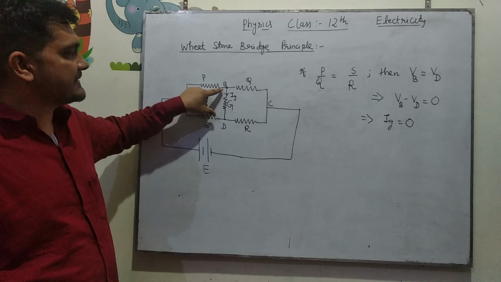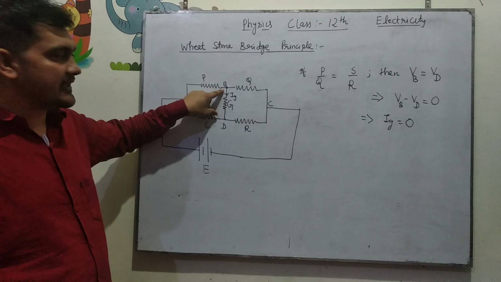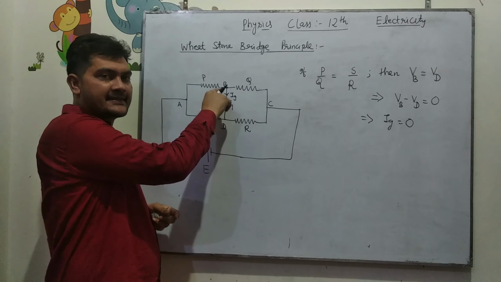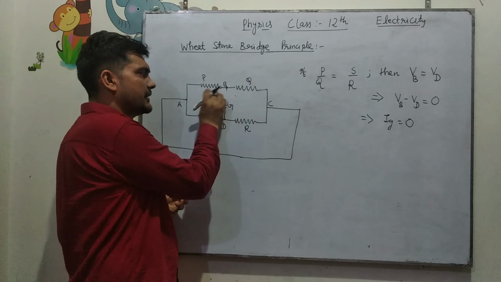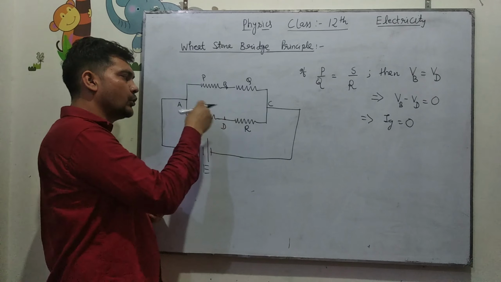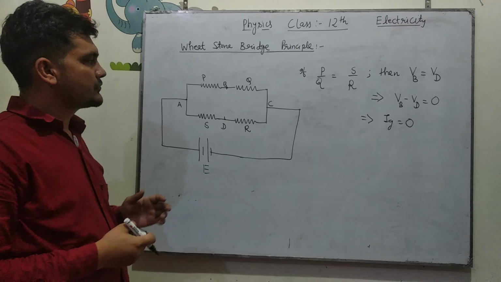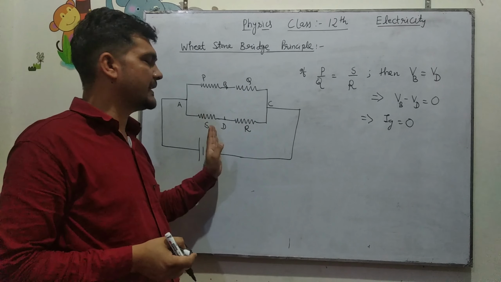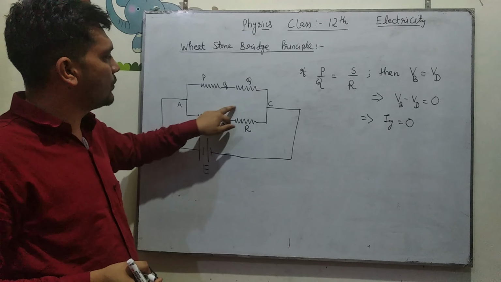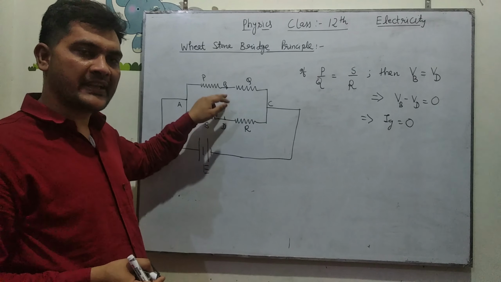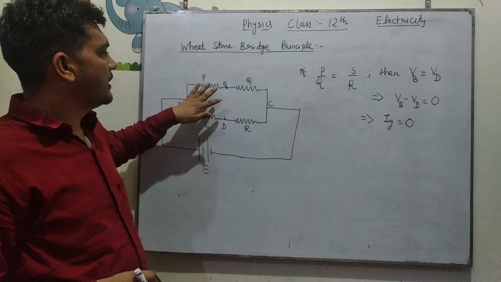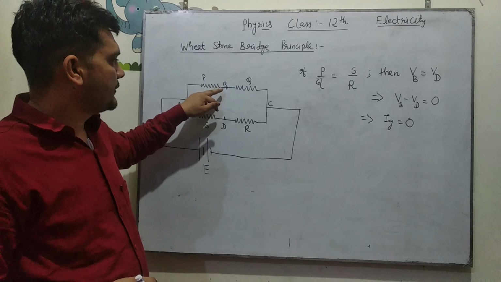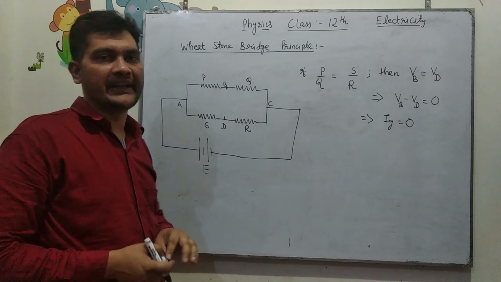So even if there is this resistance, and if the resistance is not present here, then both situations are identical. So if these resistances are in this ratio P by Q is equal to S by R, then you can remove the resistance present here. You can remove this resistance from here because potentials are the same at B and D, therefore there is no role of this resistance because no current can flow between these 2 points.